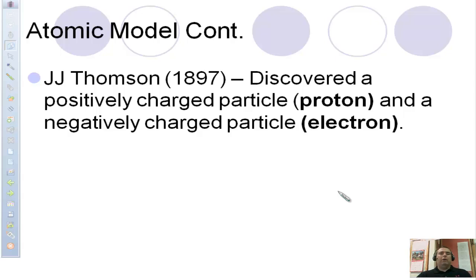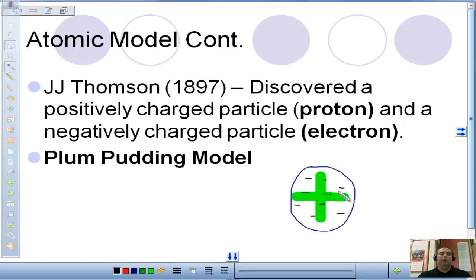Now, the reason why it was called a plum pudding was really back then in the 1900s there was a delicacy called plum pudding, which basically was vanilla pudding with a bunch of raisins in it. The vanilla pudding would represent this complete positive filling. And then every time you take a scoop and you see a few raisins, each raisin would represent an electron.